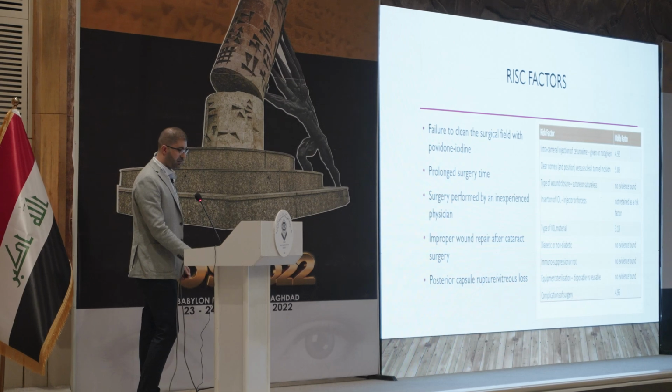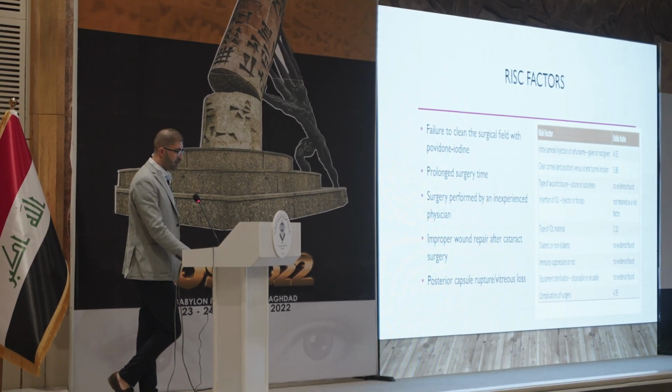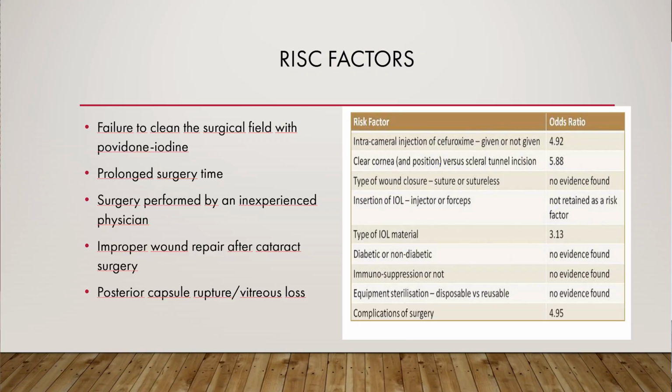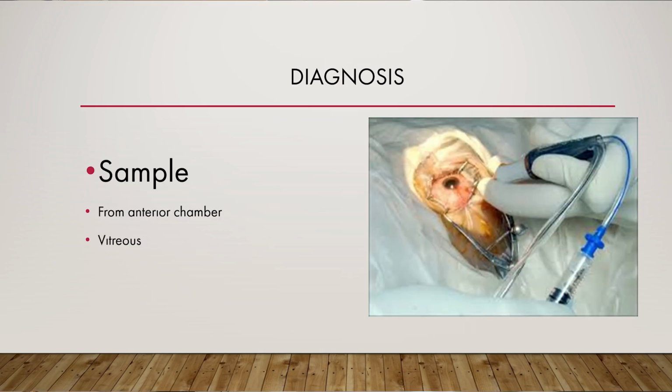The most common risk factors for endophthalmitis after surgery can be collected under 5 items: failure to clean the surgical field, prolonged surgery time, surgery performed by an inexperienced physician, improper wound repair, and posterior capsular rupture or vitreous loss. The diagnosis in endophthalmitis is mostly done by taking samples from the anterior chamber or vitreous.